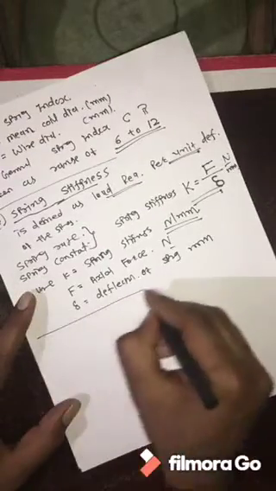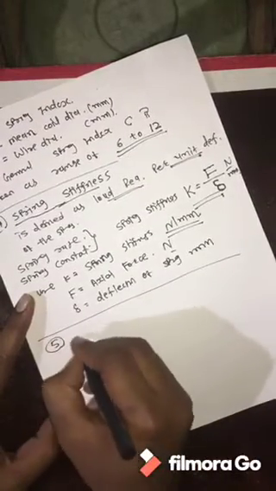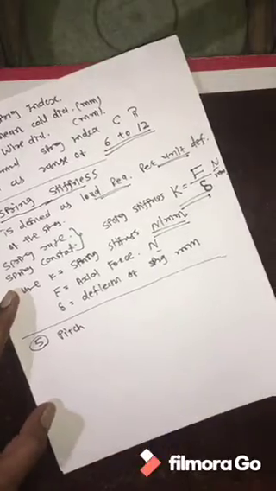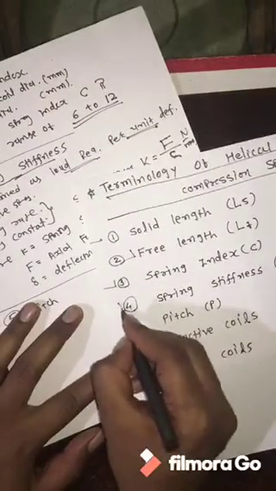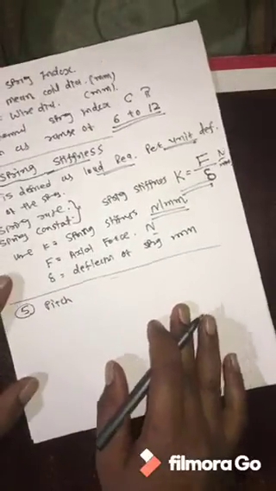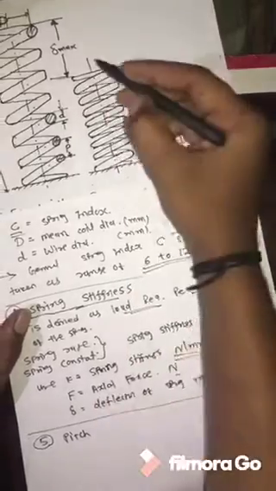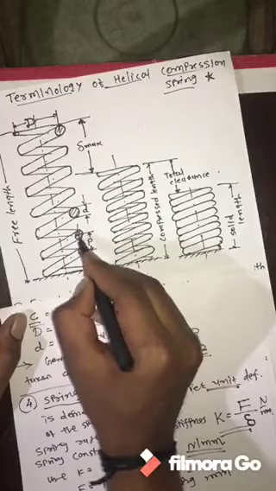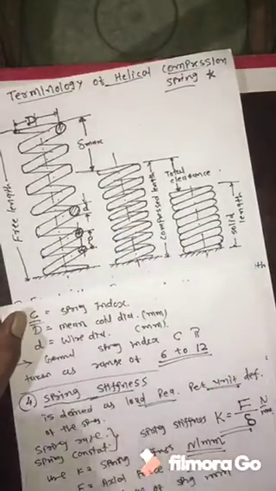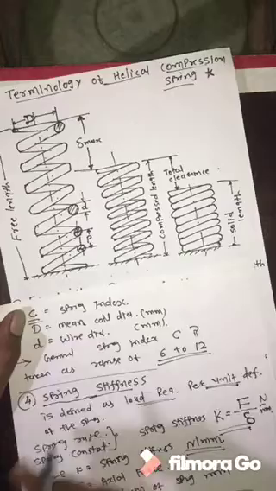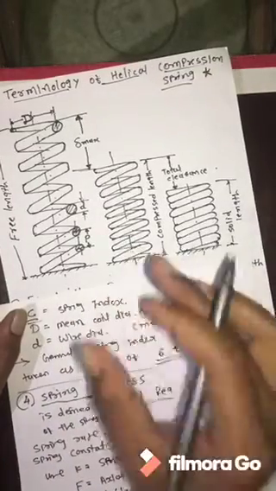Next one is pitch. Spring index, spring stiffness, and next one is pitch. What is pitch? Let's see the figure. Pitch is the axial distance between adjacent coils in uncompressed condition.